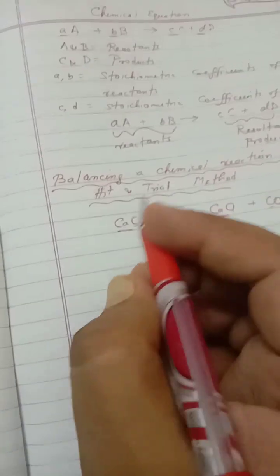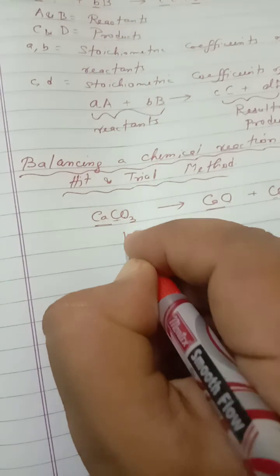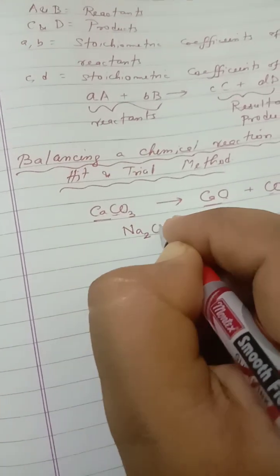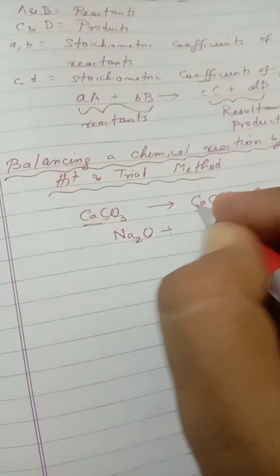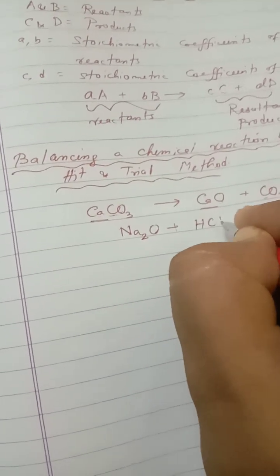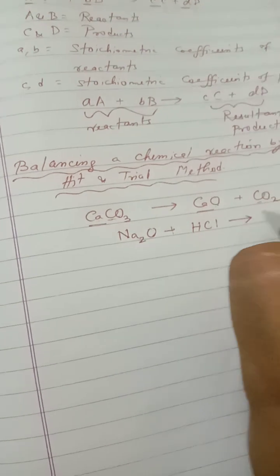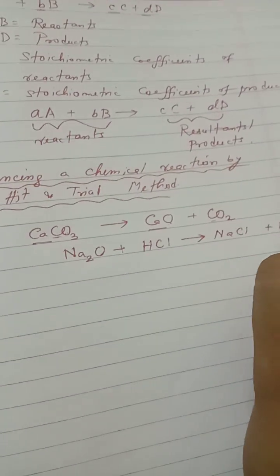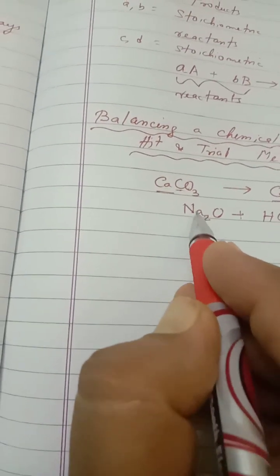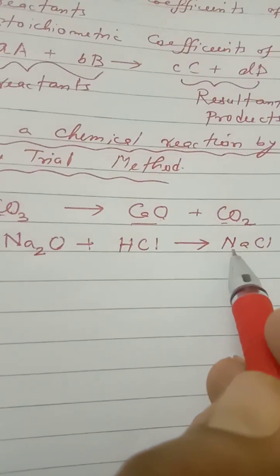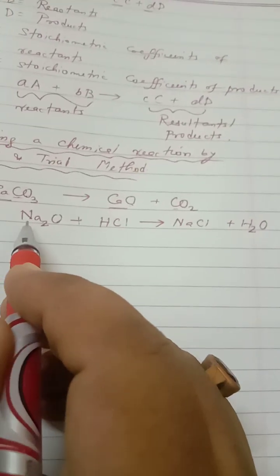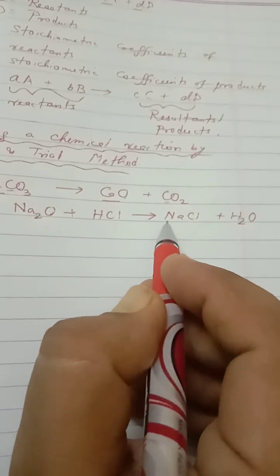Coming to it, now suppose you get this equation: Na2O, very common reaction I'm writing, plus HCl gives you NaCl plus H2O. Now count. There are 2 atoms of sodium, 1 atom of sodium.